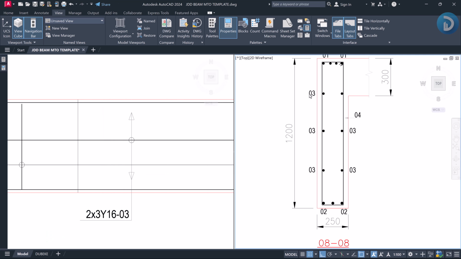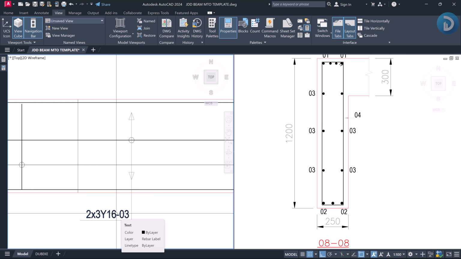As you can see over here, we have three numbers, which is 1, 2 and 3, and we have two of these three numbers because we have it both on the left hand side and on the right hand side. So it runs from this point up to this point. And the diameter of this reinforcement, as clearly stated here, is 16 millimeter.